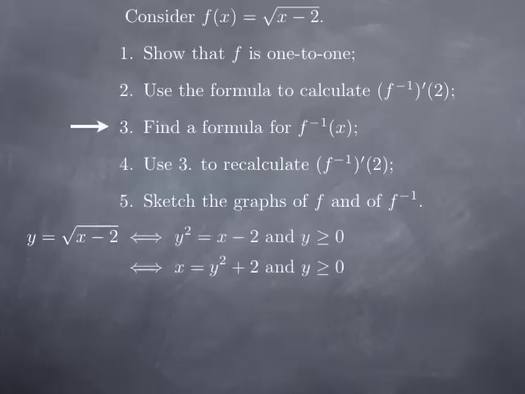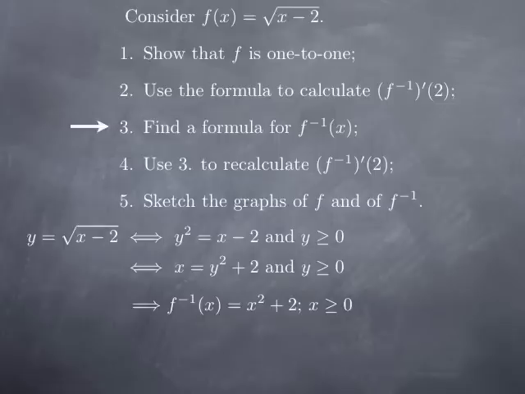But of course we have to keep the assumption that y is non-negative, because y equal square root of x minus 2 imposes that y is a non-negative number. So solving for x, we obtain y squared plus 2 with the condition that y is non-negative. That means f inverse of y is y squared plus 2 for y non-negative.